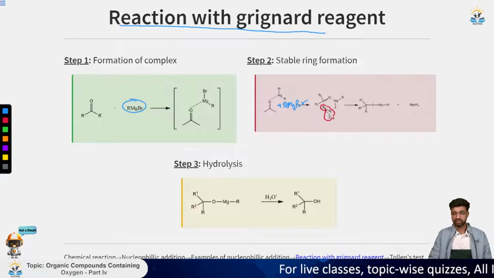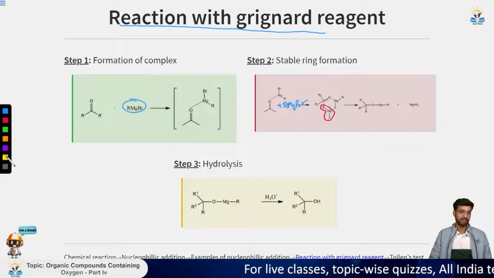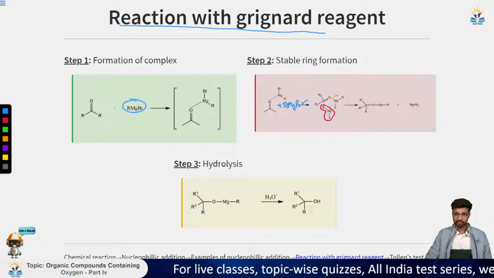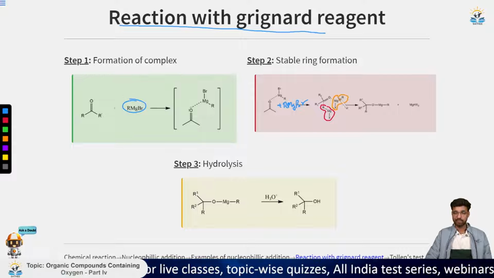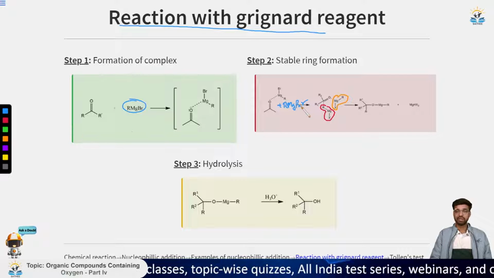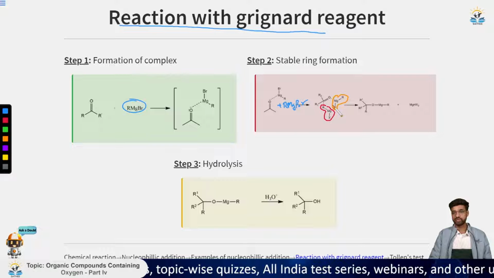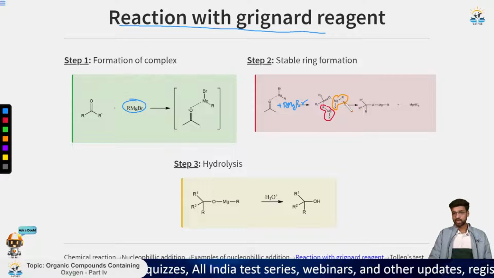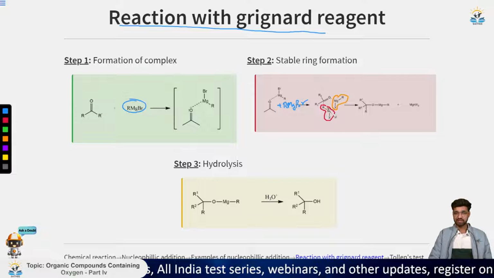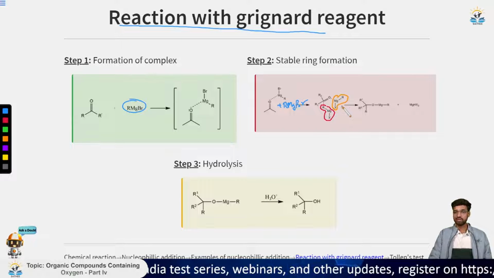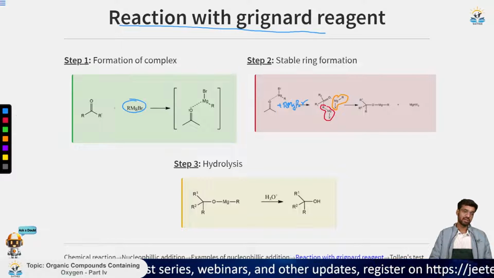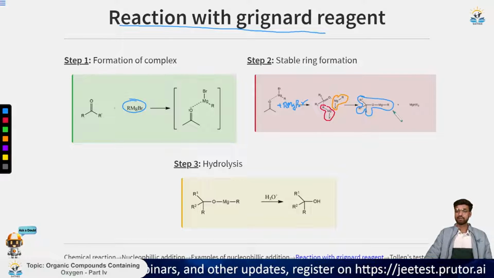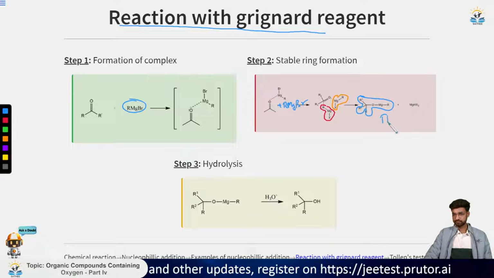The first mole is this one, and the second mole is this one. Overall it makes a 6-member cyclic structure, which is very stable in nature. Now we will get R from both of these RMgX, and finally we will get our product like this, which will be an alkoxide.